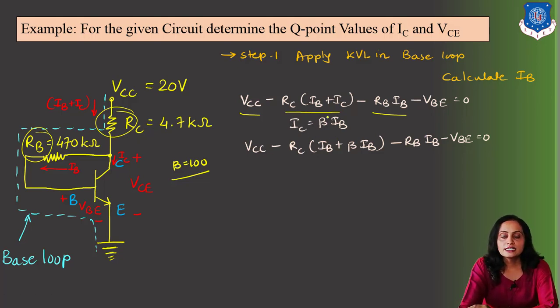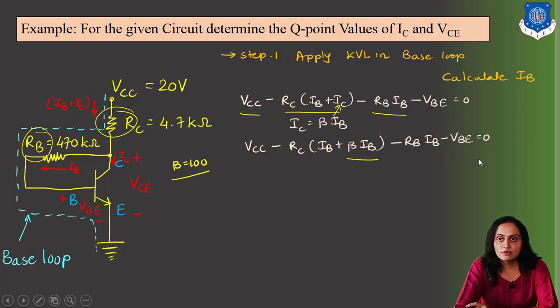We will put IC equal to beta IB in this equation, and we will have VCC minus RC into IB plus beta IB, minus RB IB, minus VBE is equal to 0.